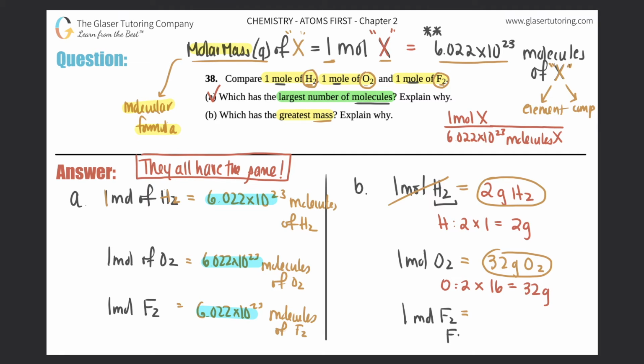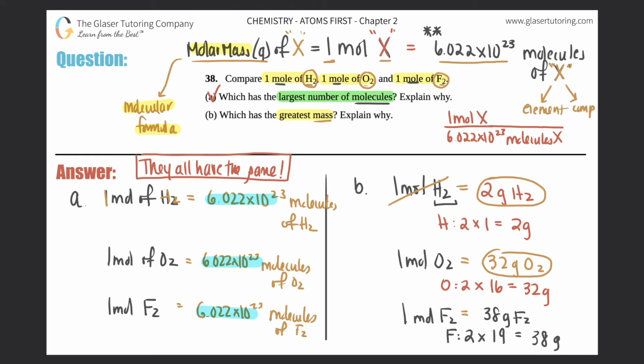Now let's try it for fluorine. We've got fluorine, F2, there's 2 of them. Look on the periodic table, what do you see for fluorine? You should see roughly 19. You may see 18.99, but we'll just say it's 19 here. So 2 times 19 is 38. So this would equal 38 grams. So 1 mole of F2 equals 38 grams of F2. So between O2 and F2, which one has the greater mass?